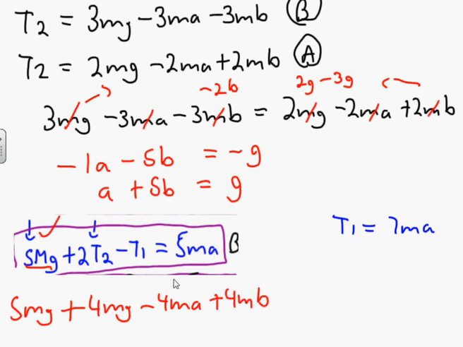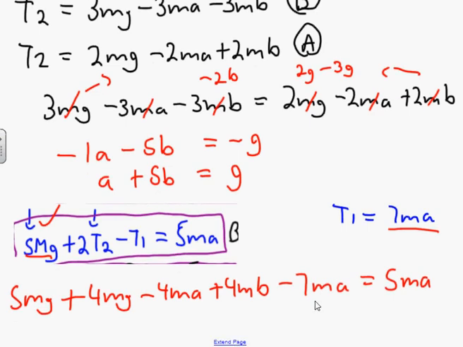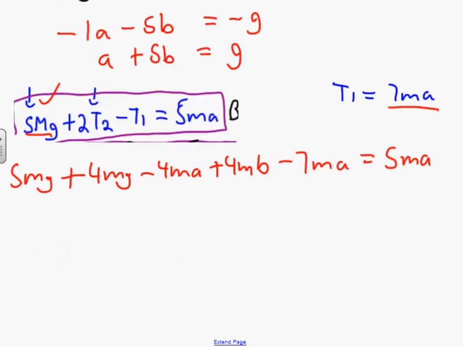Minus T1, minus 7ma, and the whole thing equals 5ma. Now, like last time, what I might do is just do an extra line. 9mg, bring the 5m over to your side, it's going to be minus 9ma. And, whoa, I also forgot the other ma.